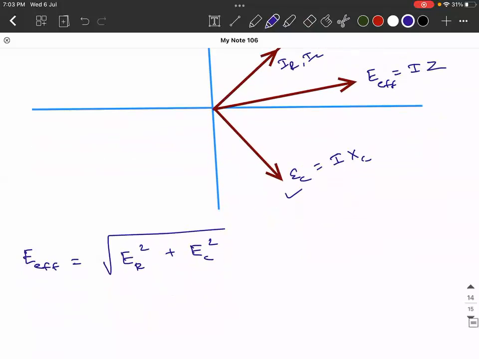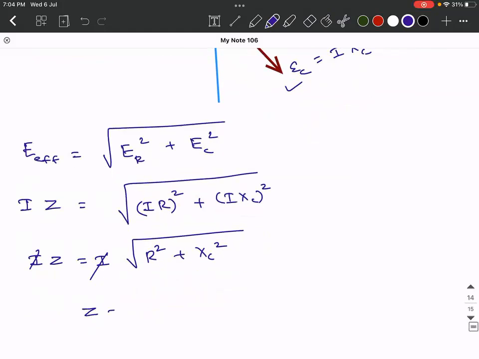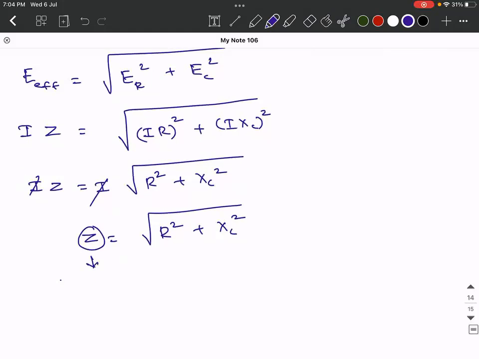So I into Z will be equal to root of IR square, which is I into R the whole square, plus IC square, which is I into XC the whole square. So IZ will be equal to I into root of R square plus XC square. I and I will get cancelled. Z will be equal to root of R square plus XC square, where Z is called impedance.